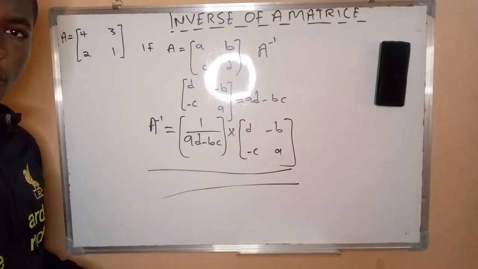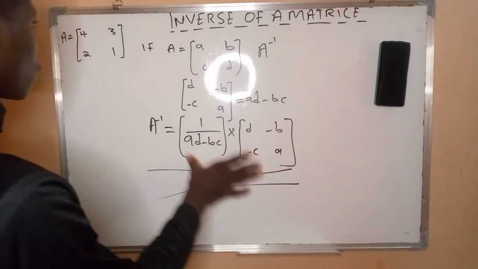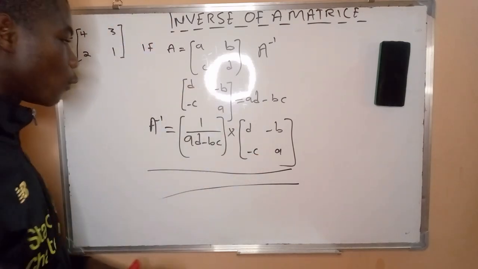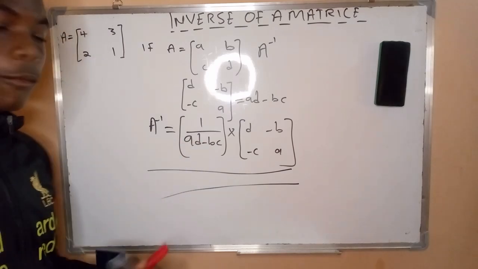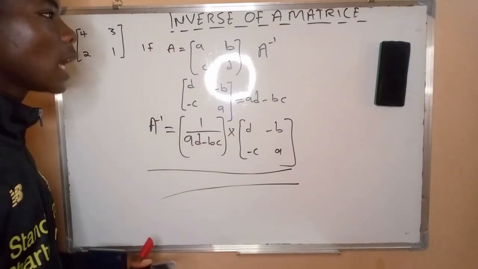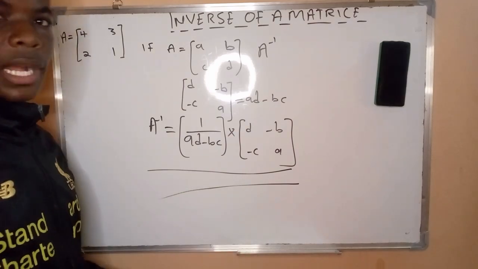This is the inverse of A. We can use this method to substitute the values so that we can find the inverse, and then we have to check and verify that we get the identity matrix.